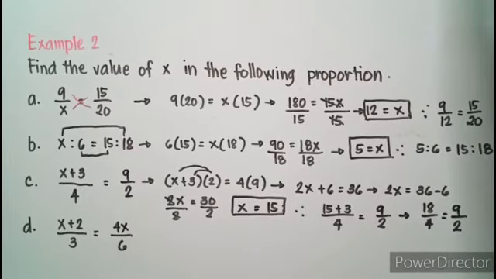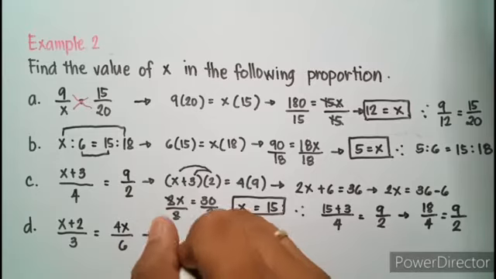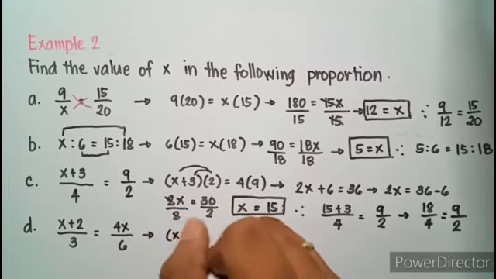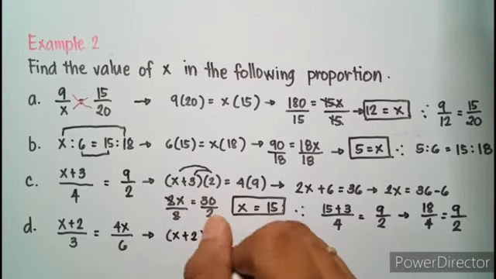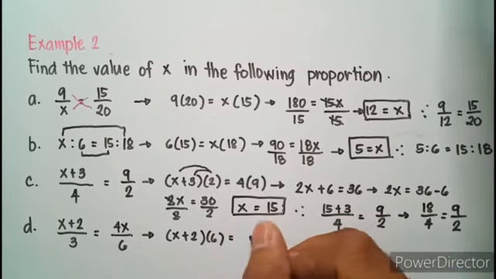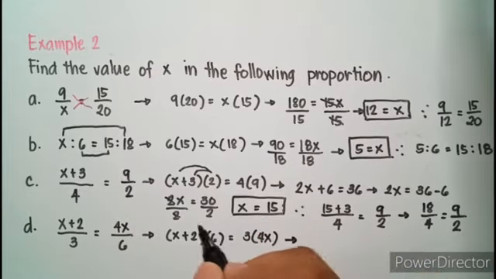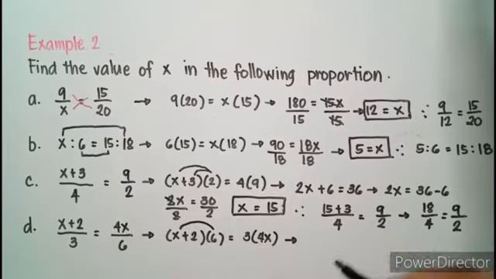Then for number 4, letter D, cross multiply. So that will become x plus 2 times 6 is equal to 3 times 4x. Then distributive property, so 6 times x, that is 6x.